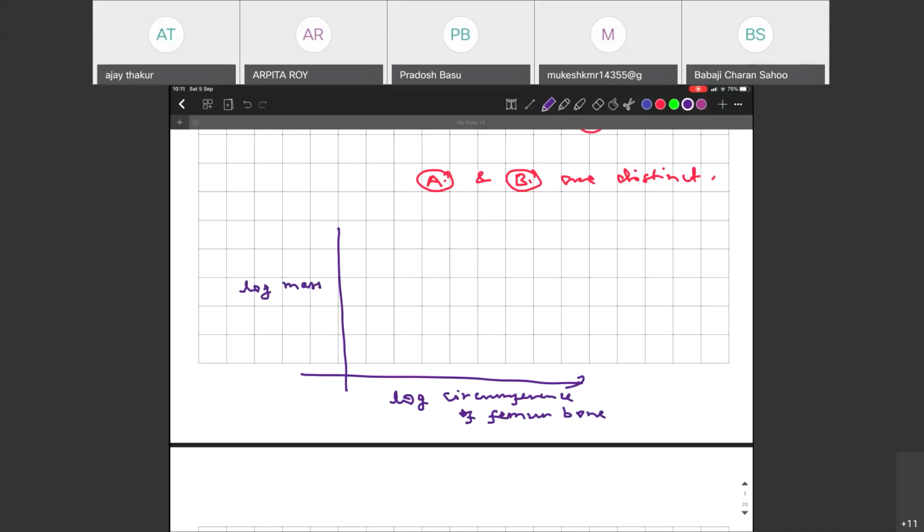It actually followed a kind of straight line distribution about which a lot of data points were distributed.